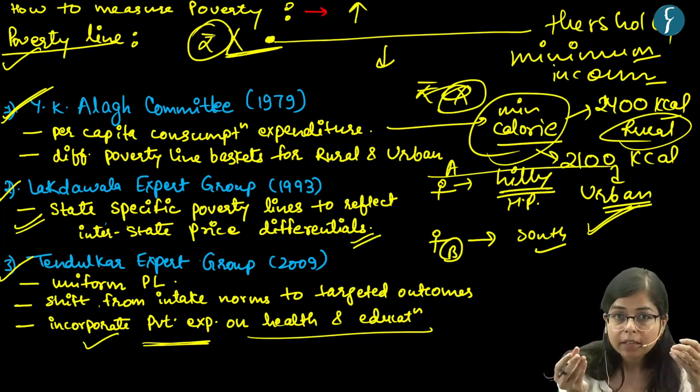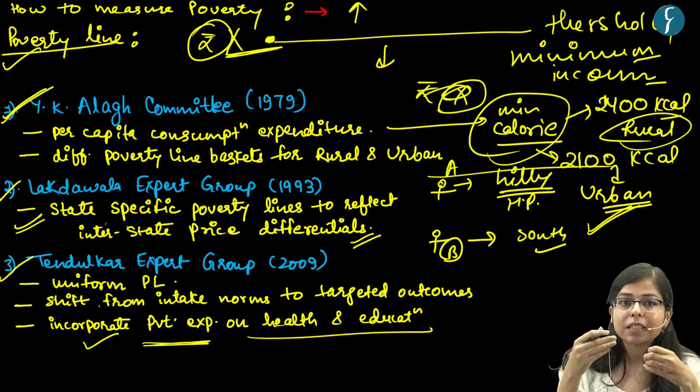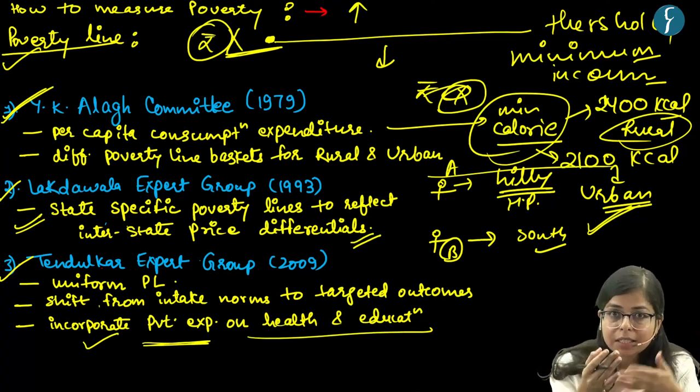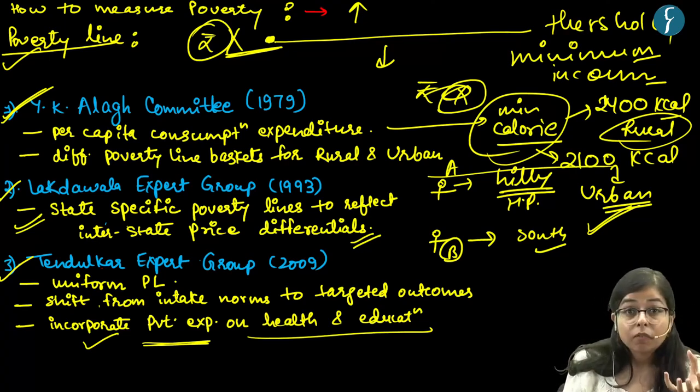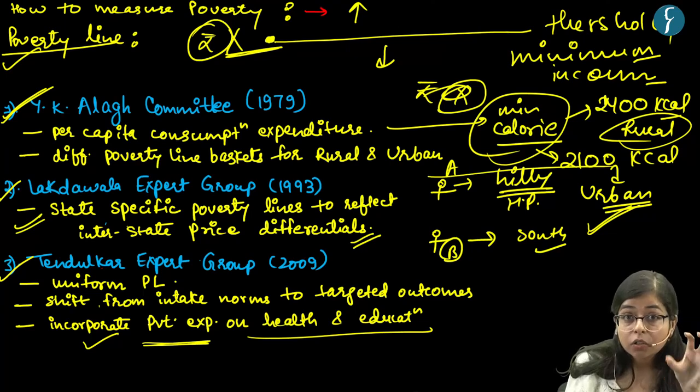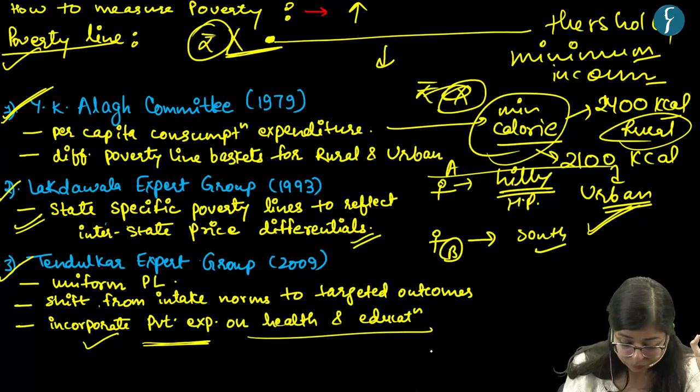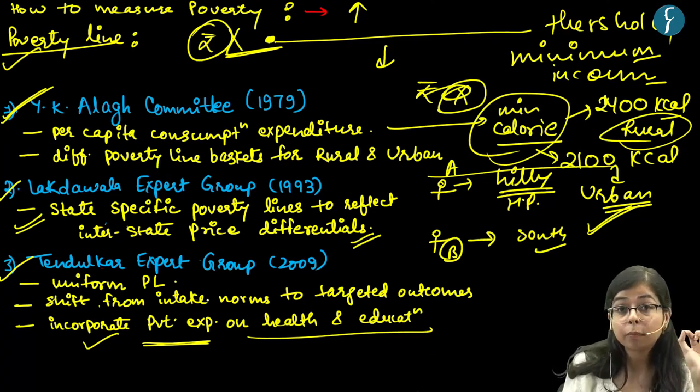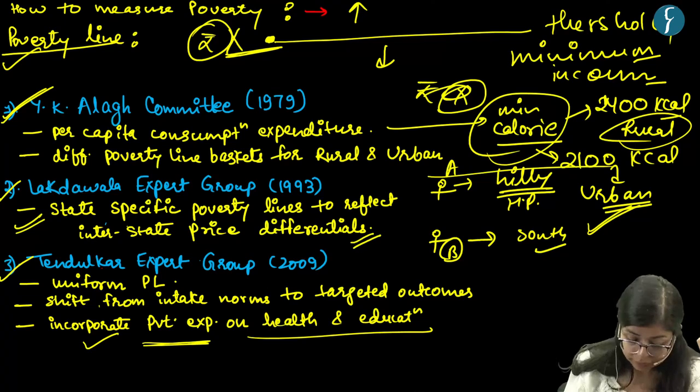So a need was felt that as the prices to access these services are increasing, the poverty line estimates in the country should also incorporate the private expenditure on health and education, right? And there should be a uniform poverty line throughout the country, right?